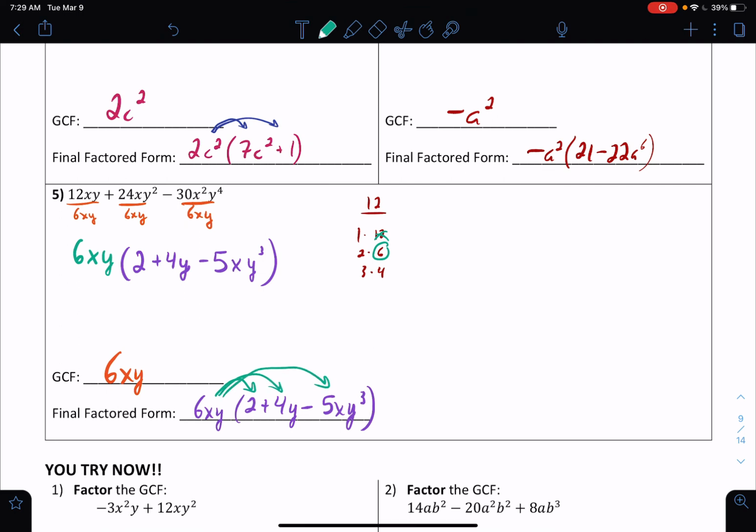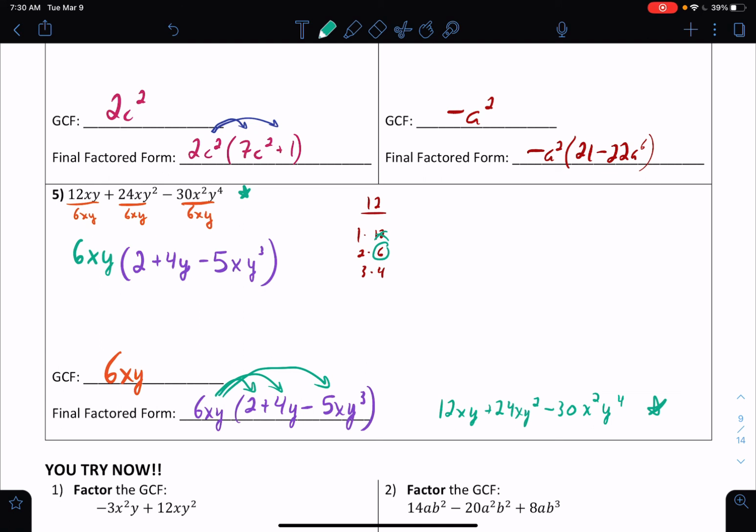So we get 6xy times 2, which is 12xy. 6xy times 4y, which is going to be 24xy squared. And 6xy times negative 5xy to the third, which is minus 30x squared y to the fourth. Now notice this is the same exact thing as what we started with. If it's not, that's how you know you made a mistake.